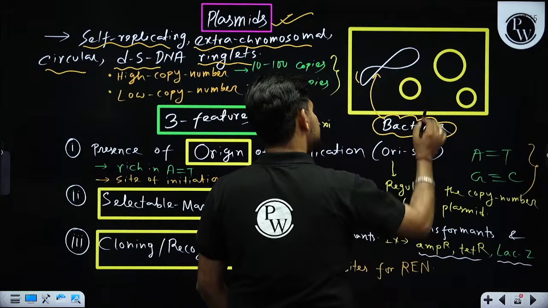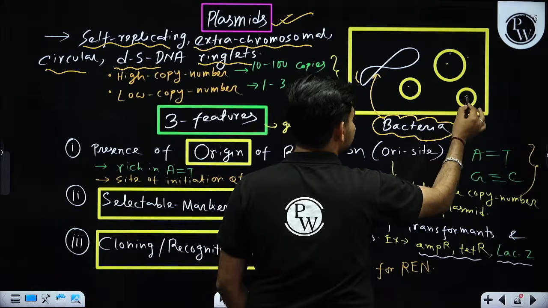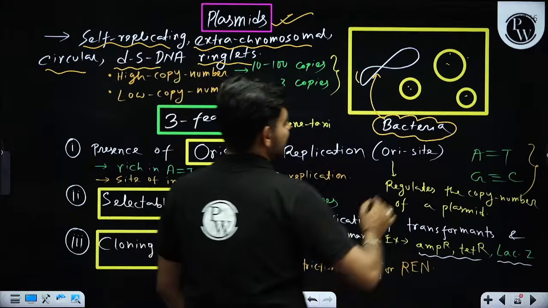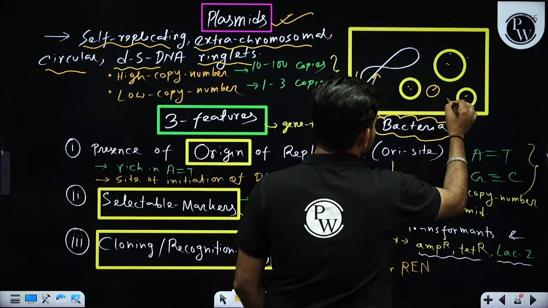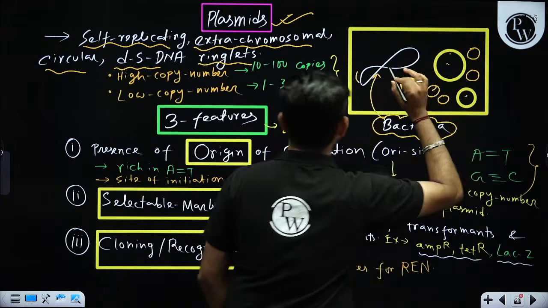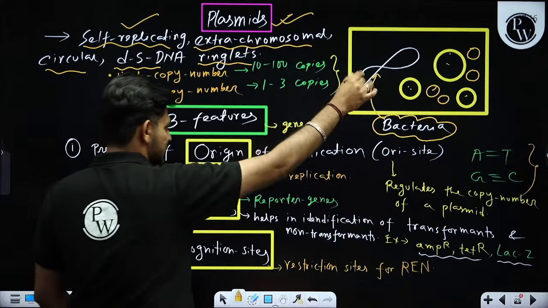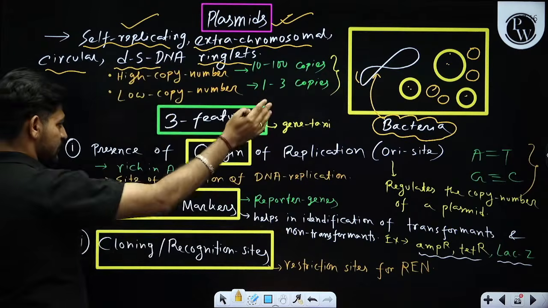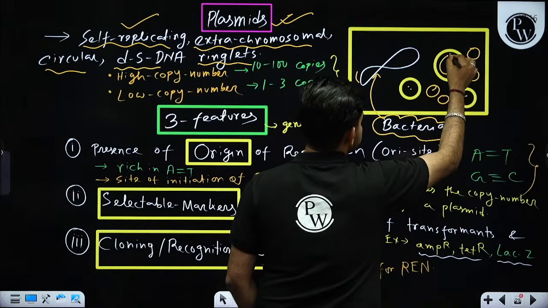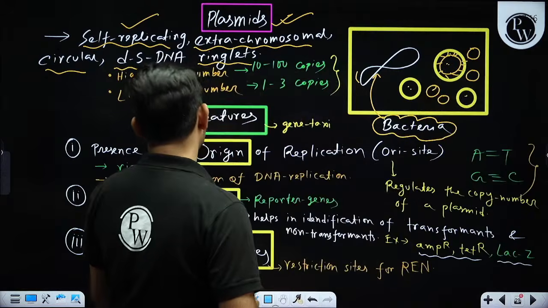Now if there are any other pieces or rings of DNA you find inside the cytoplasm, and they can produce their own copies, these ringlets will be called self-replicating, and obviously they are circular. If you observe their shape, they are circular. They have two strands, that's why they are double stranded circular rings.